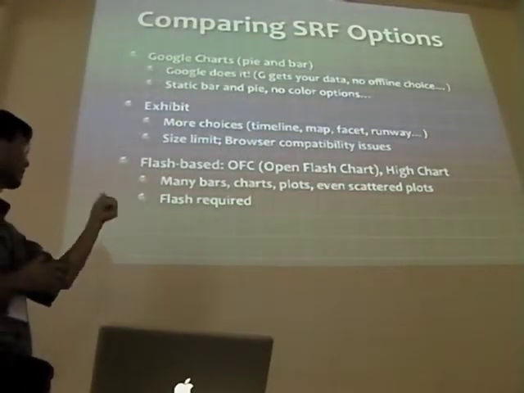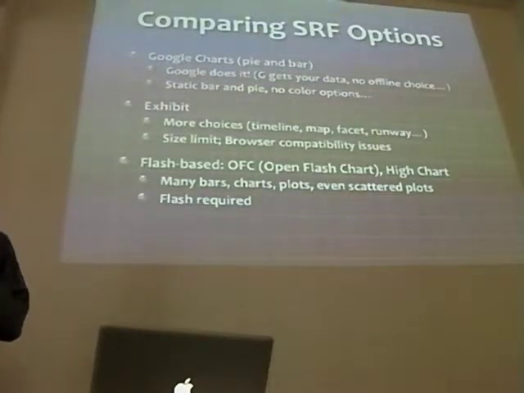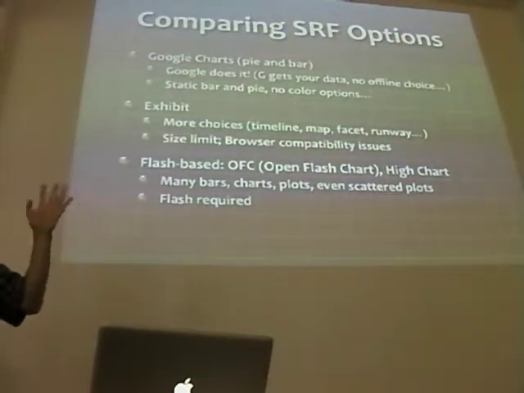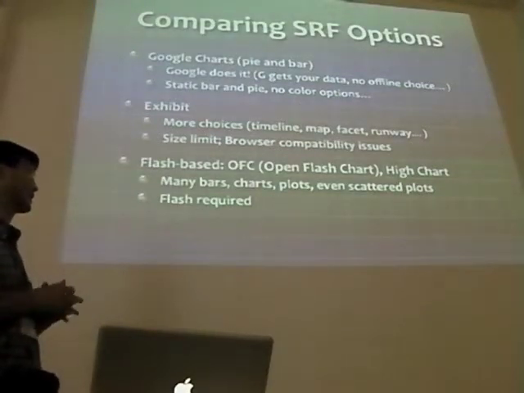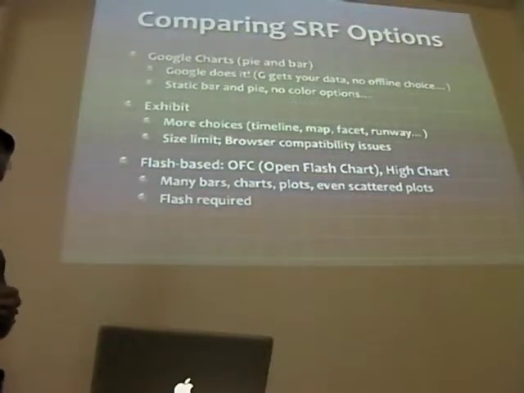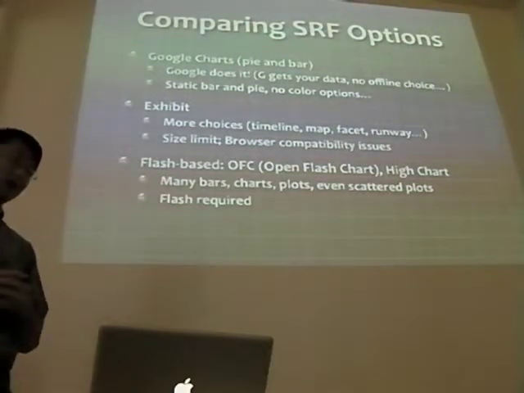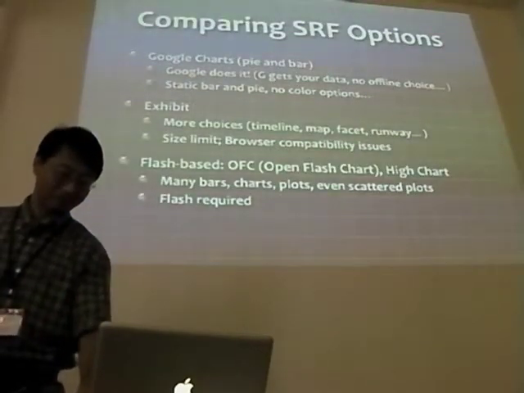Flash-based is actually nowadays, I think, the king of visualization. It's functional, interactive. It's not really limited by the data. It can have more data and has many more choices, but it requires Flash. So if you're on an iPad, you wouldn't be able to see them.